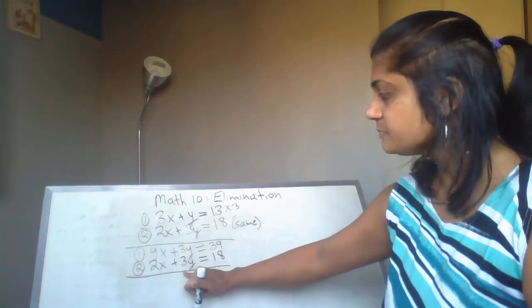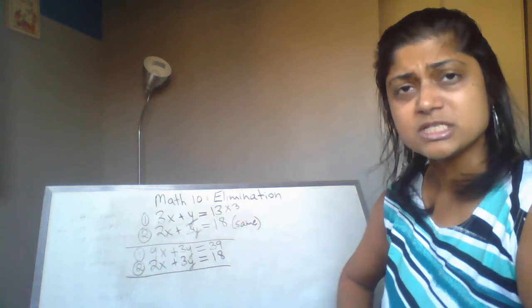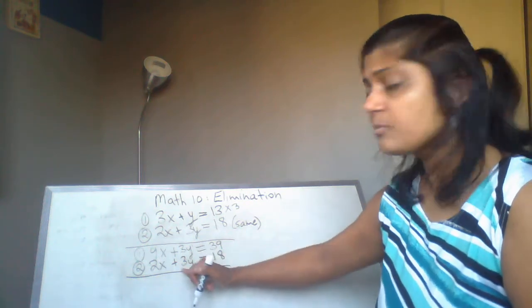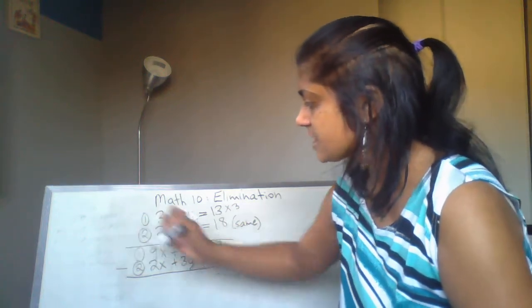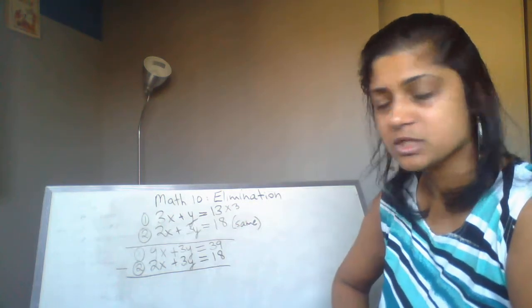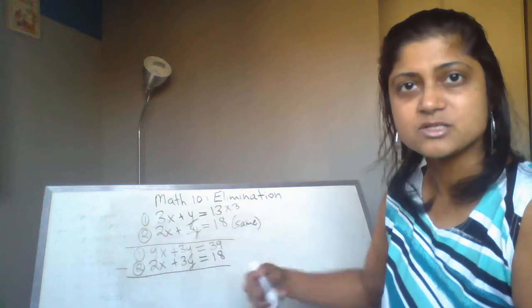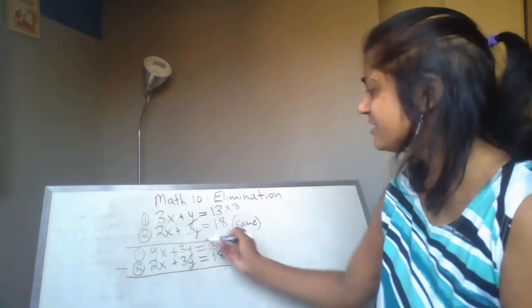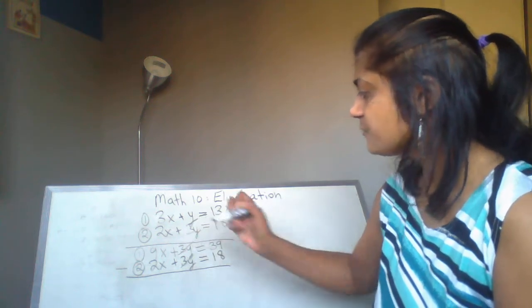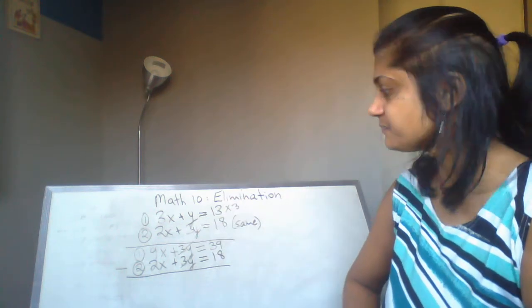If you look here, both of the equations have 3y, and they both are positive 3y. So when the signs are the same, you're going to subtract the two equations, because this is basically like 3 minus 3, which is equal to 0. Does everyone see that? So this cancels out when I'm subtracting it.